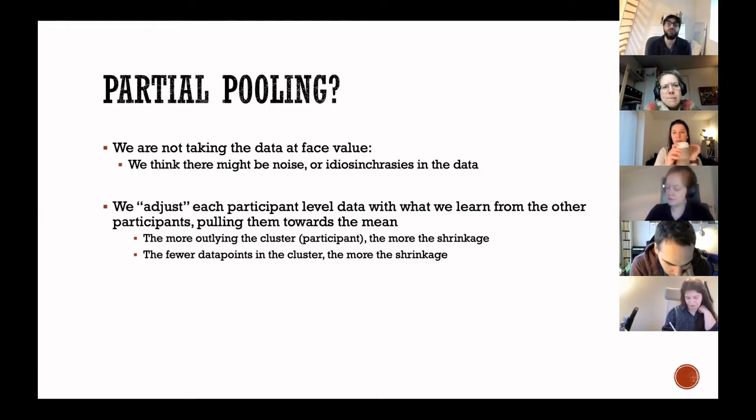In some frameworks, you would also talk about checking the data and excluding the outliers. But here, what we're doing is partial pooling. That is, we adjust the data from each participant according to what we learn from the other participants.